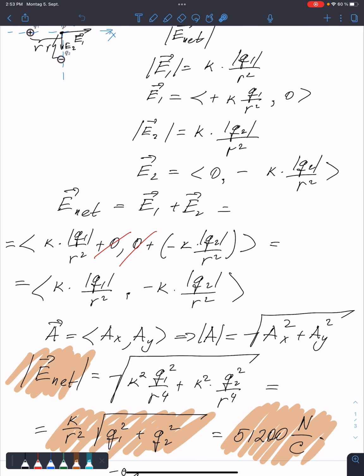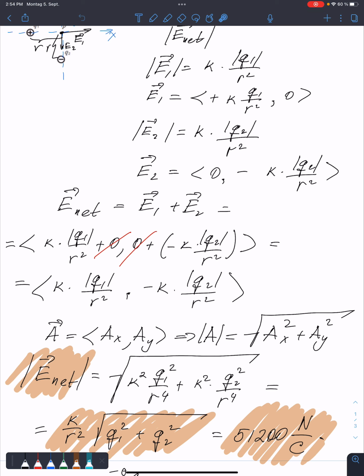The net electric field is given by the sum E1 plus E2. It's a vectorial sum, so I need to add the x components together and then the y components together, and this will define the required vector E net.